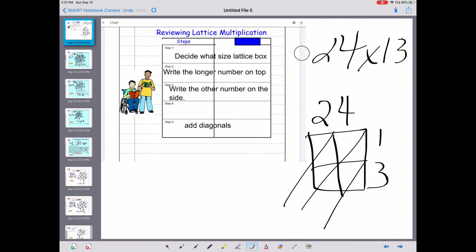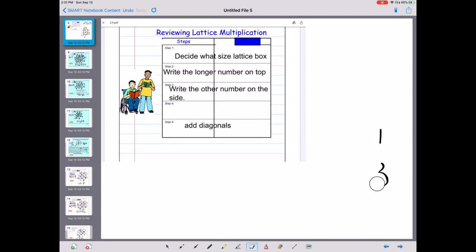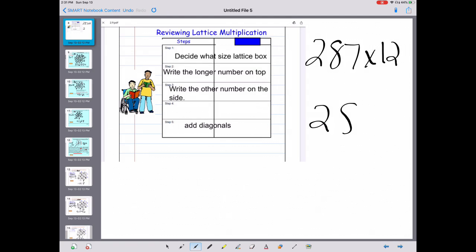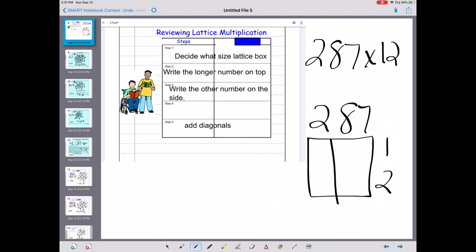One more. My longer one on top, my other one sideways, box, lines between the numbers, corner to corner.